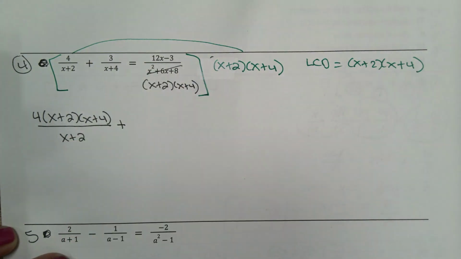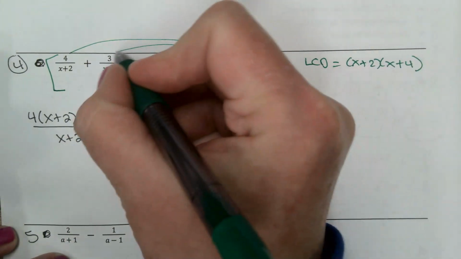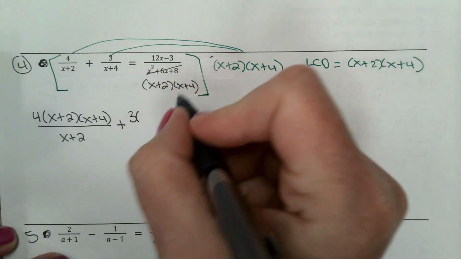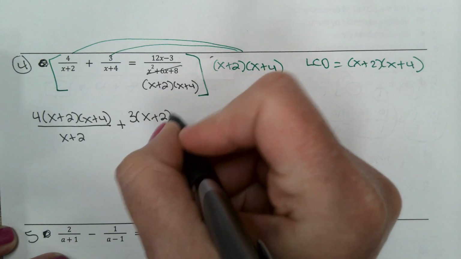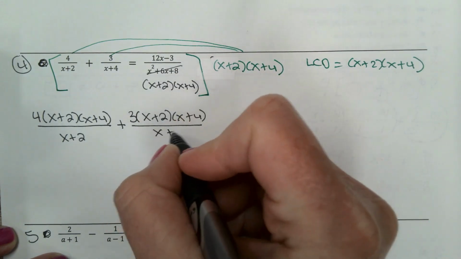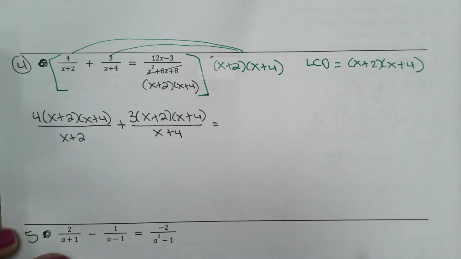Now we're multiplying this times that second term. So in the numerator you have 3 times x plus 2, x plus 4, and you have an x plus 4 in your denominator.